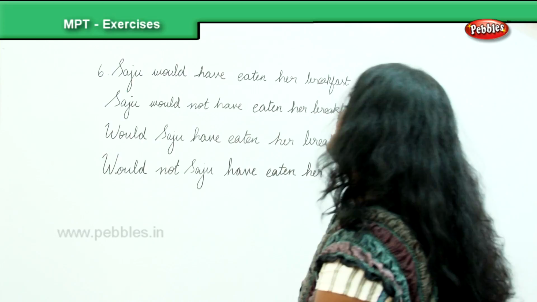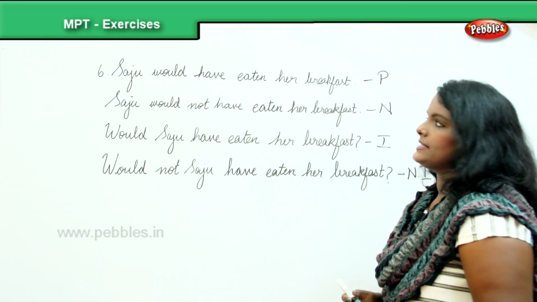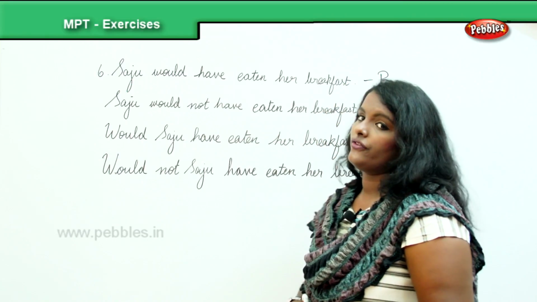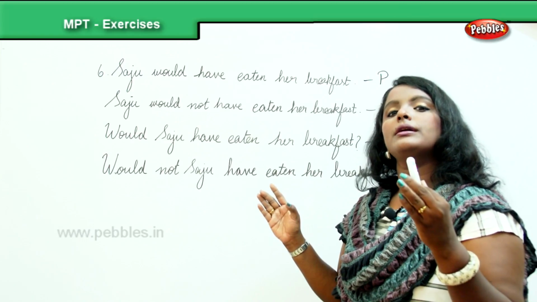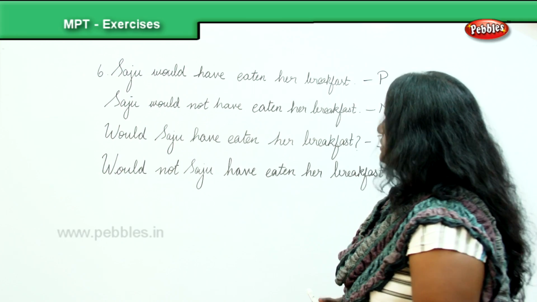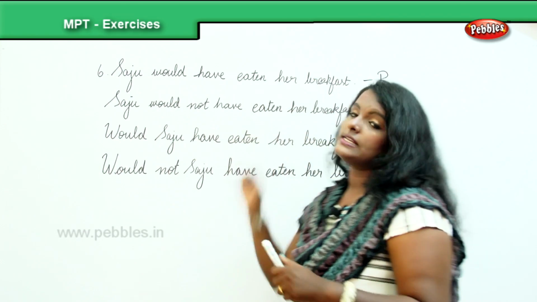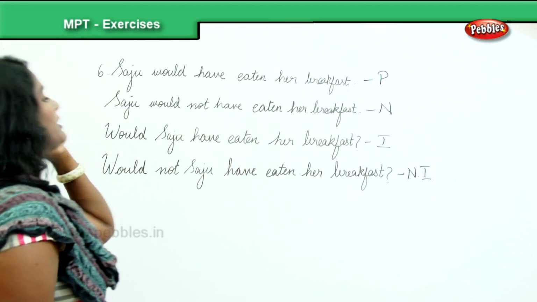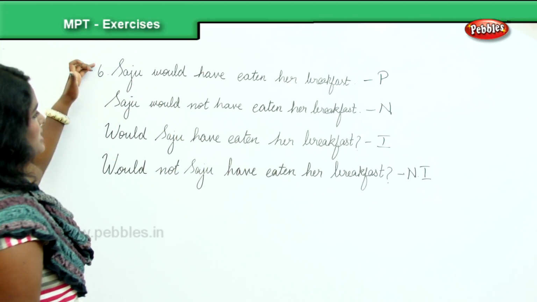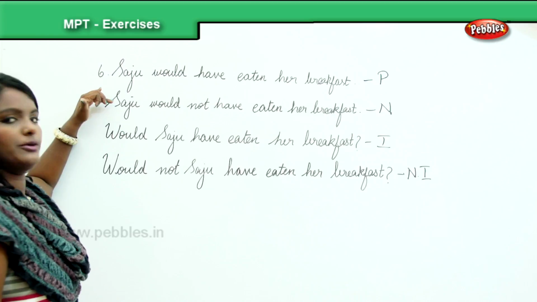So this is an example of which tense? Would have. It is an example of a future perfect tense. The question is a future perfect tense with a positive sentence, and we are going to convert it into the negative. Saju would not have eaten her breakfast.